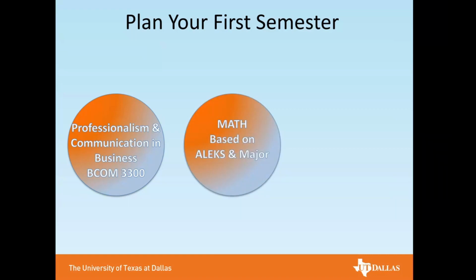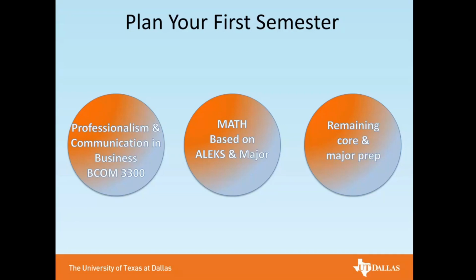And this is based on your ALEKS score and your major. And then you're going to build the schedule around those two classes with any remaining core curriculum classes or any of the major preparatory classes that you have not taken yet.